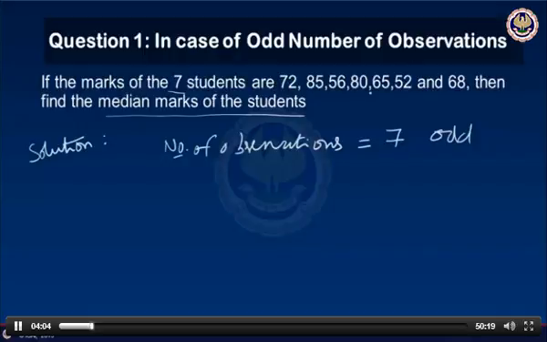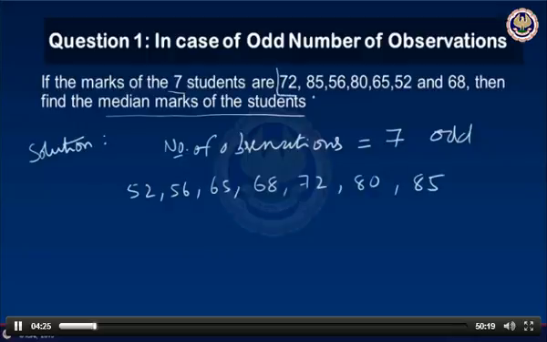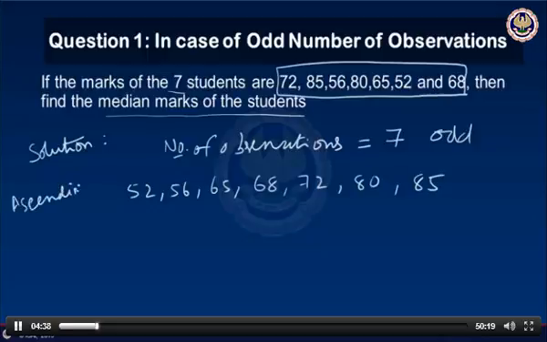The first is 52, second is 56, 65, 68, 72, 80, 85. These are the raw data, and we arrange the data into ascending order or increasing order.